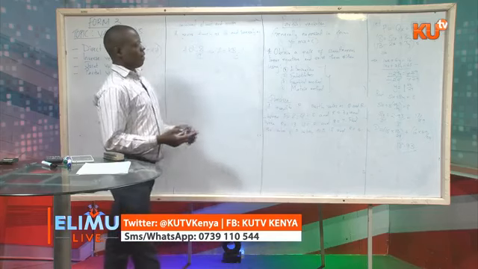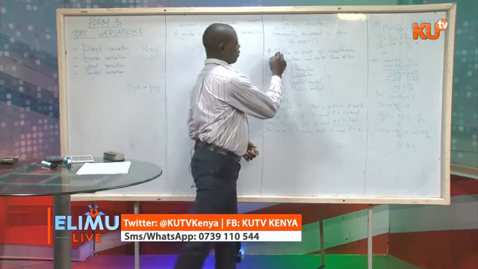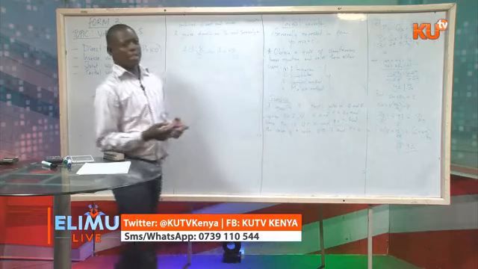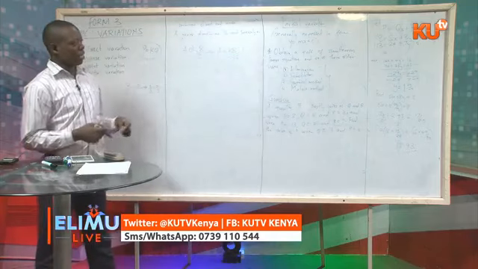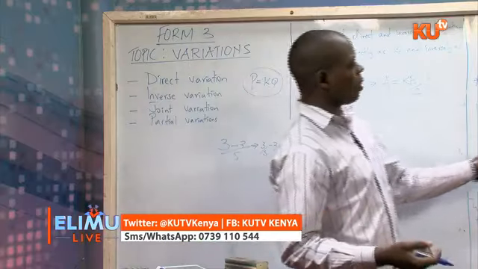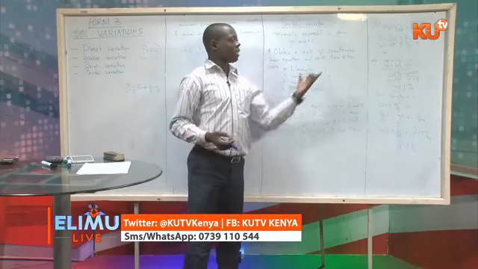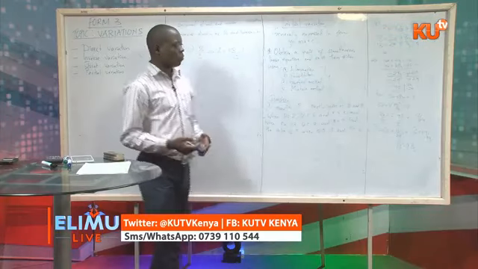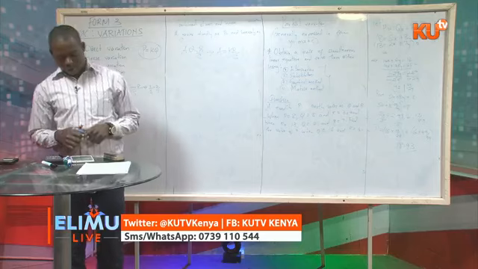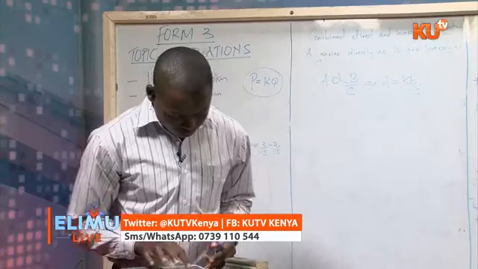If you're given a question on partial variation, understand the connection between the variables, introduce two constants so that you can form simultaneous linear equations that you will then solve using either of the methods we've given you.